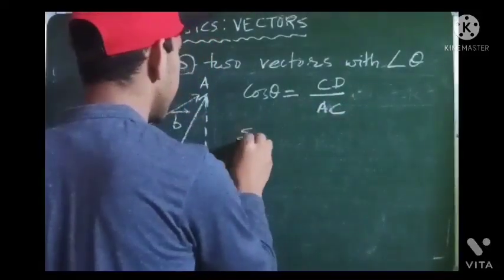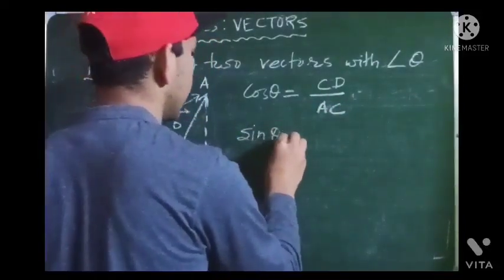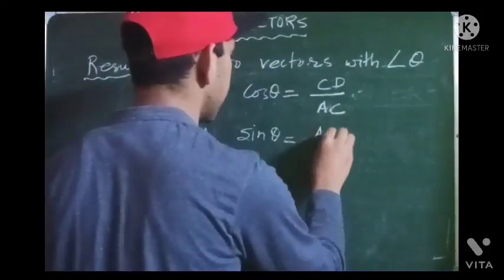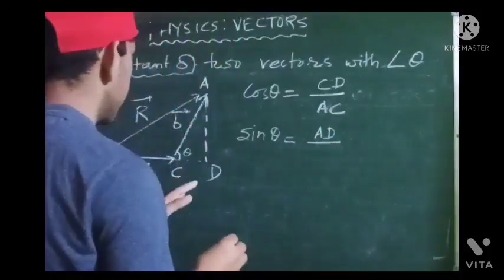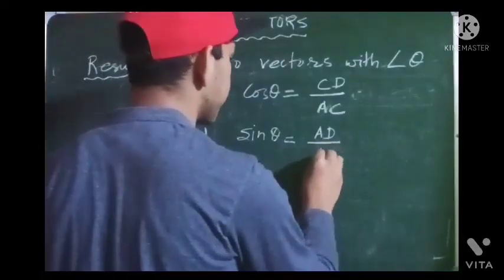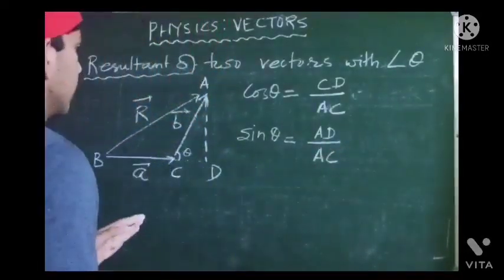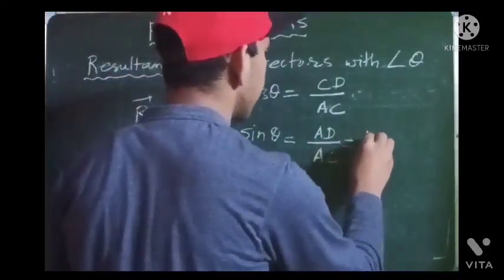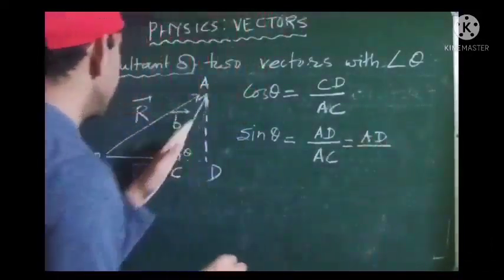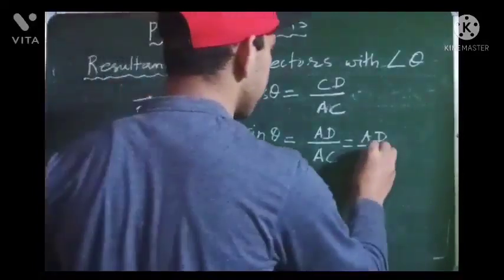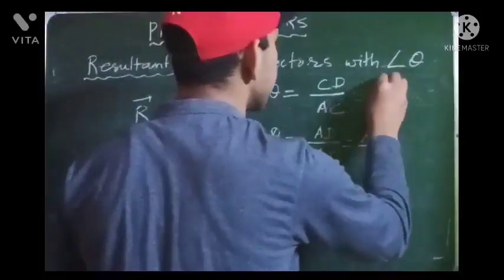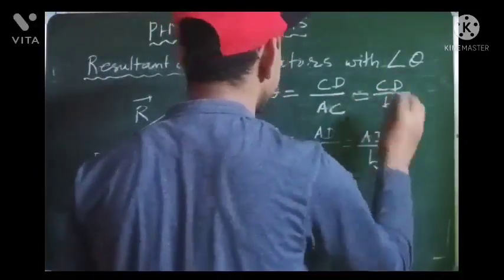and sin theta as AD upon AC. Now AD upon AC is equal to the magnitude of this b vector, which is equal to b, and here also we can write it as CD upon b.